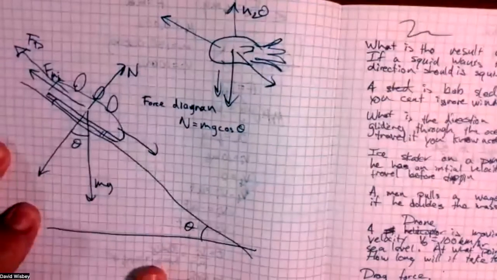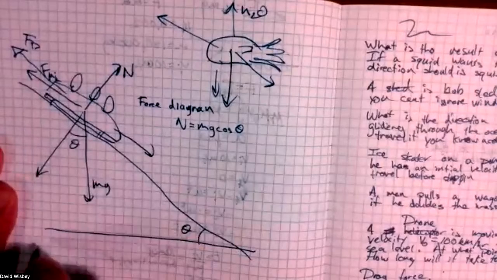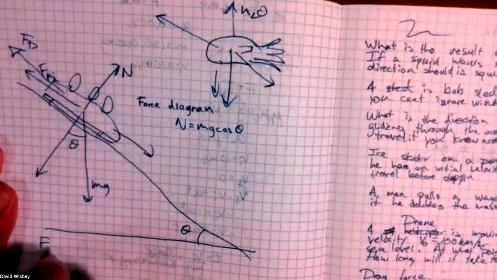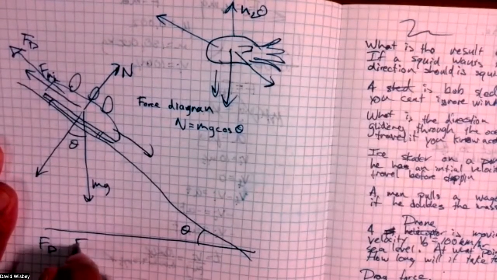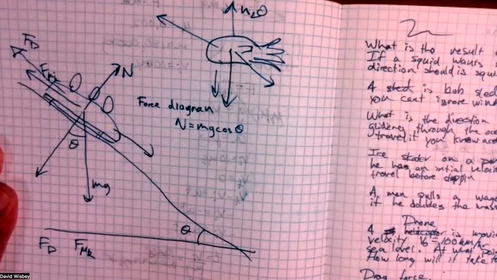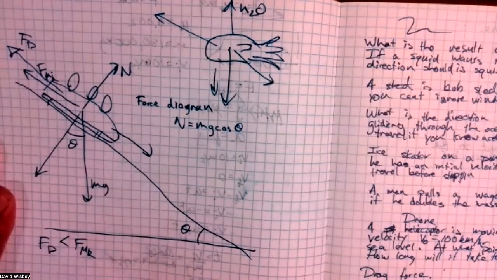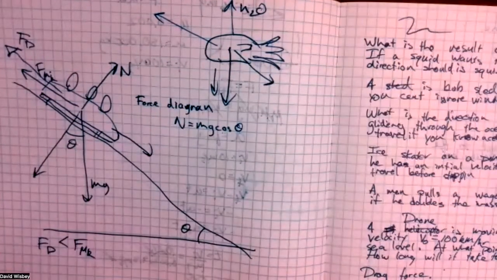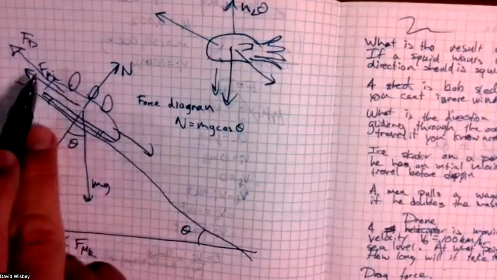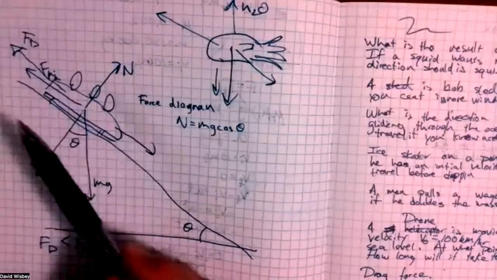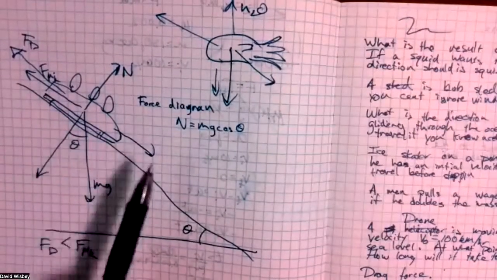All right, and which one do you think is higher, the force of friction or the force of drag? Force of friction. Yeah, probably the force of friction is going to be higher. Okay. All right, so we've got the force of drag pointing up this way, and we've got our force of friction going up that way.